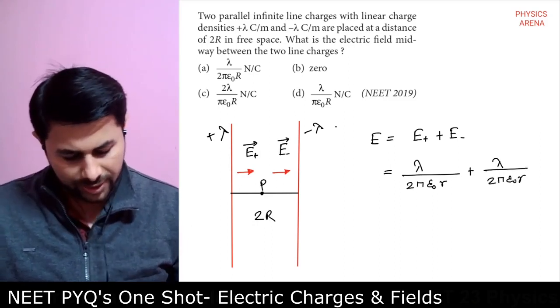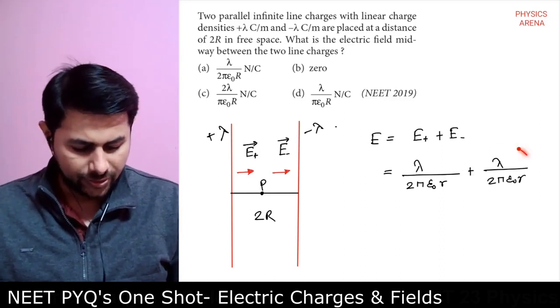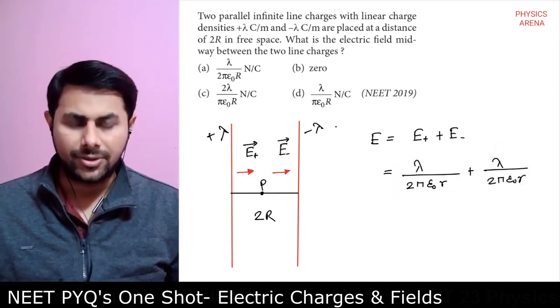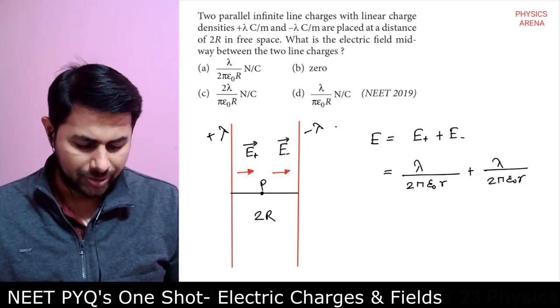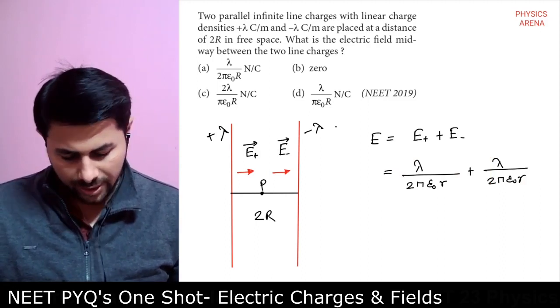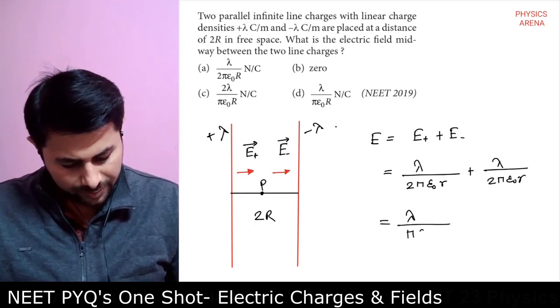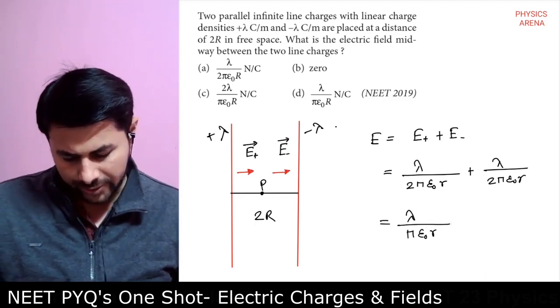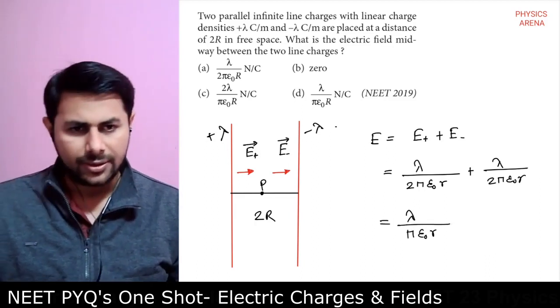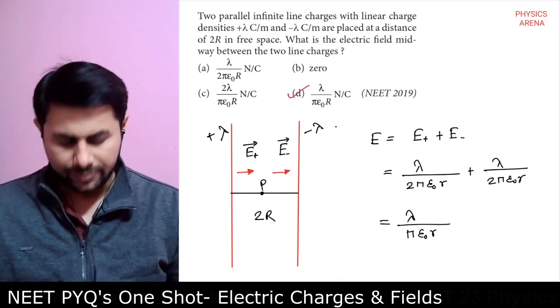We already considered the direction, so now we are considering magnitude only. So it is 2 lambda divided by 2 pi epsilon naught r, or lambda divided by pi epsilon naught r. So it is option D. Right, it's option D.